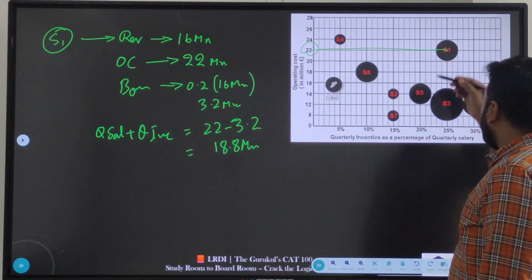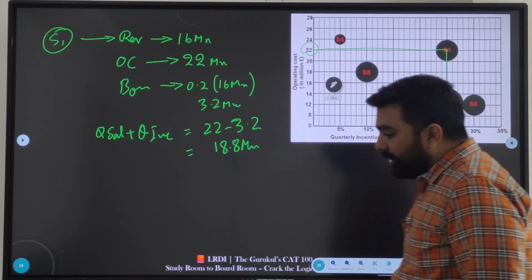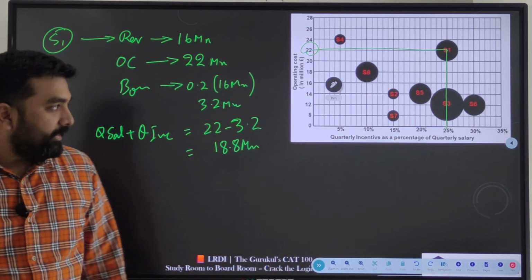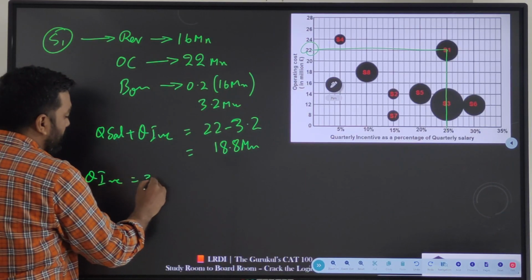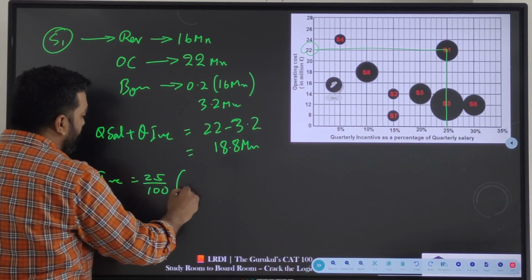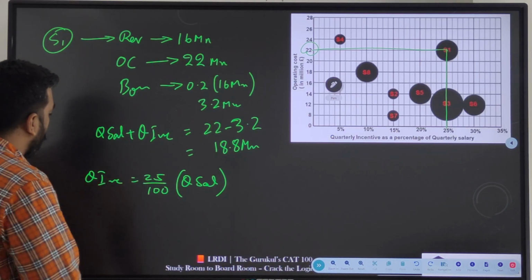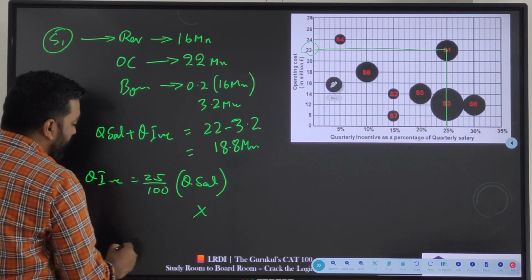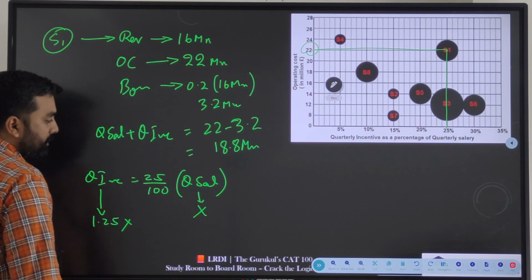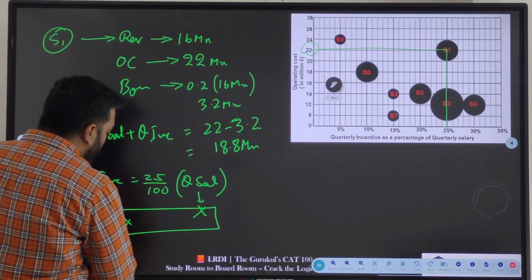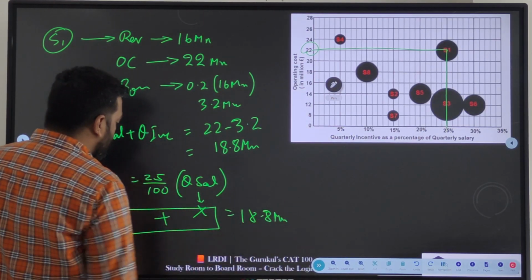And quarterly incentive as a percentage of quarterly salary, so quarterly incentive is 25%. Quarterly incentive is equal to 25% of quarterly salary. Let the salary be X, then incentive will be equal to 0.25X. Together, sum of these two values is equal to 18.8 million rupees.